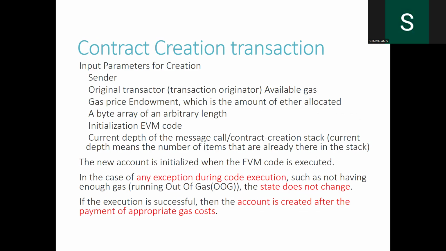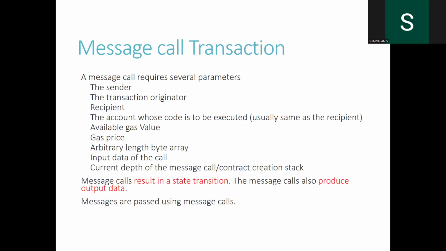This is used when the new account is created, and it is created using the EVM. In case of any exception during the code execution, such as not having enough gas, the state does not change in the Ethereum state machine. If the execution is successful, then the account is created, and after that, the payment of appropriate gas.